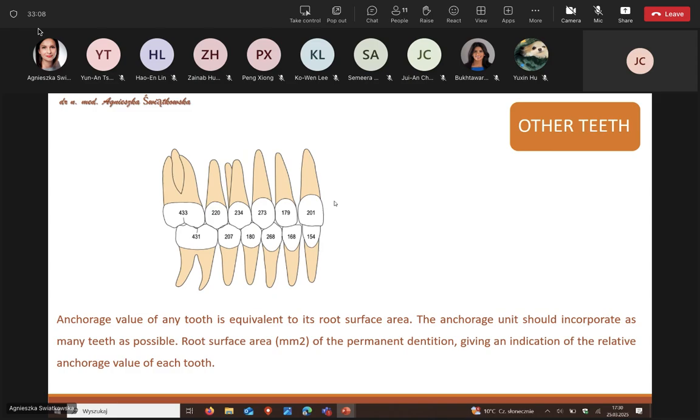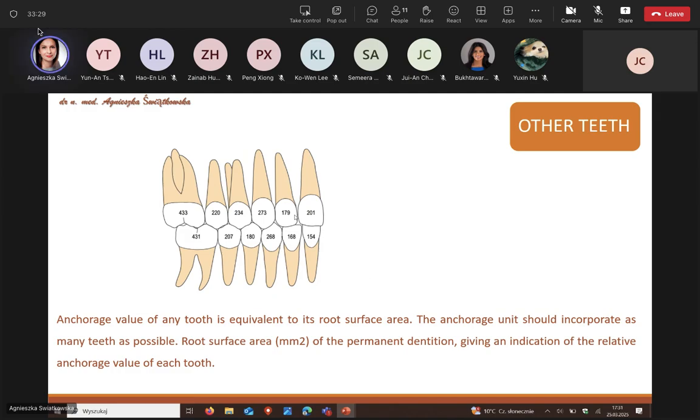You should know that the biggest anchorage has the upper first molar, you see the value, and the smallest, the lower central incisor.